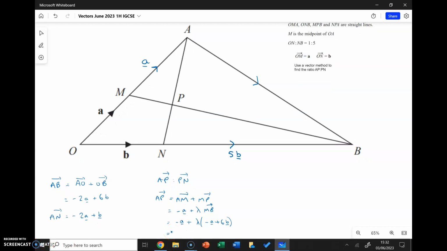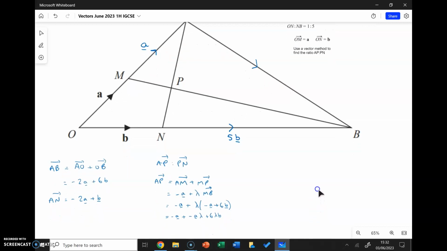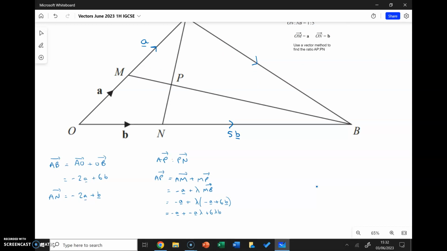Now, this is a bit of an A-level technique, but what you want to do is get your a's together and your b's together. So let's expand the brackets first of all. Now hopefully you can see I've got these two a's which I could factorise out.